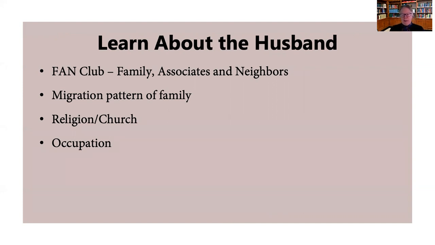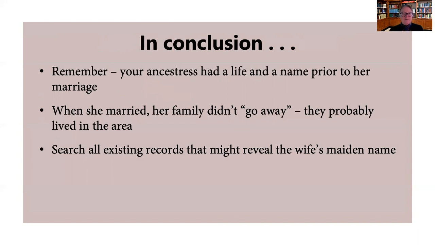Look at the migration pattern of the couple or of the family before they arrived at the place where your ancestress married. The migration pattern will dictate where the records might be. Do pay attention to the religion and the church in order to look for church records. And finally, the occupation of the husband may provide information about the family, including the wife's maiden name.